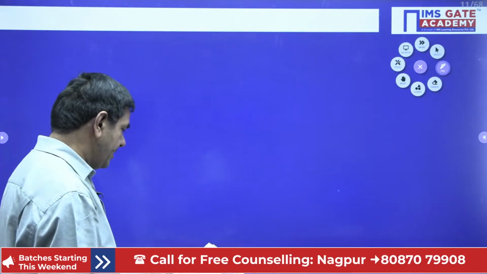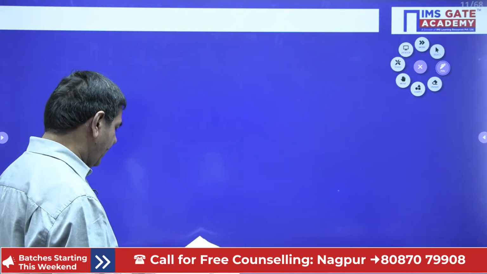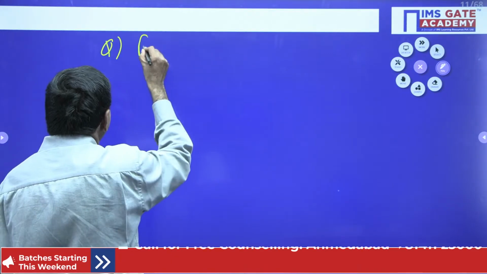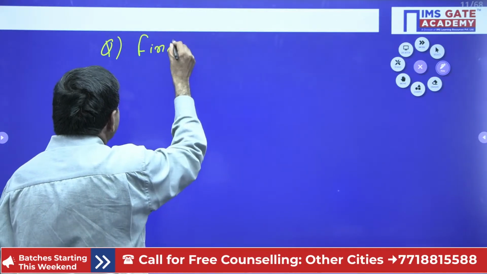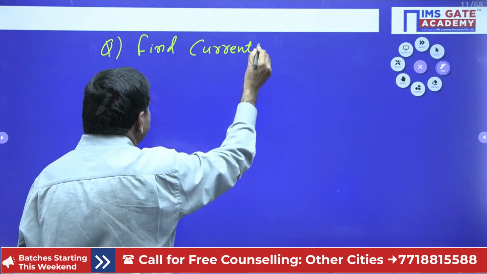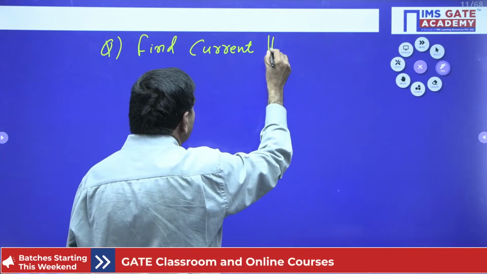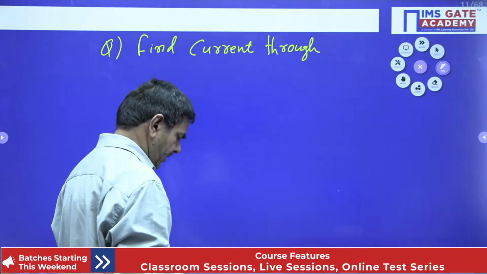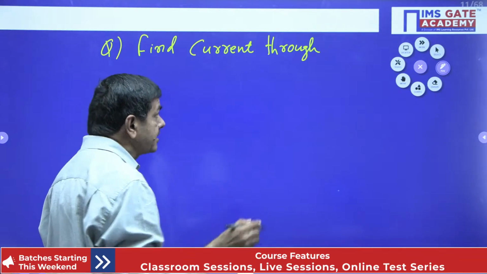Yes, this problem is given like this now. Find the current through the 3 ohm resistor.